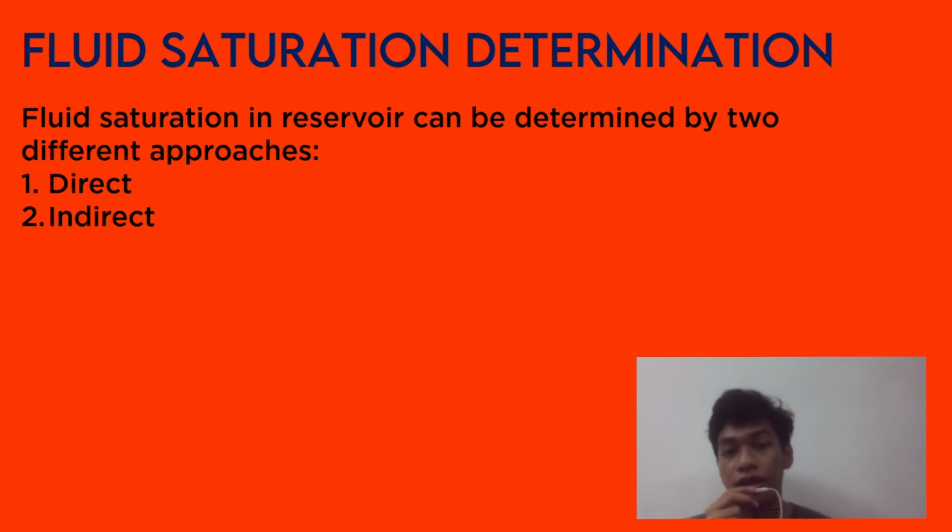So, for the second method of the indirect, we don't take the core sample from the reservoir. Instead, we use the well logging to calculate the whole fluid saturation in the reservoir. So we can actually find the actual condition of the fluid inside the reservoir at the reservoir pressure and temperature.